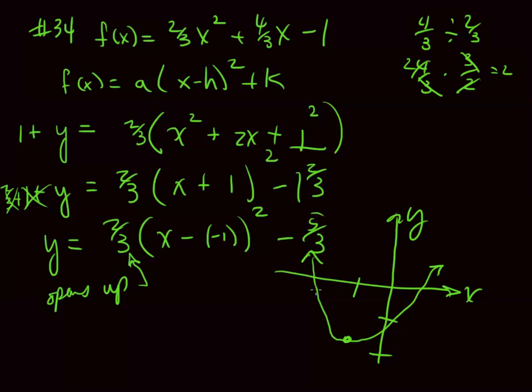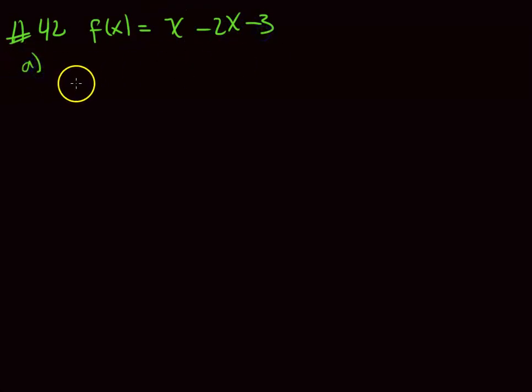If we look at number 42, f of x is equal to x squared minus 2x minus 3. Now we've got to do a bunch of things here. Graph the quadratic.